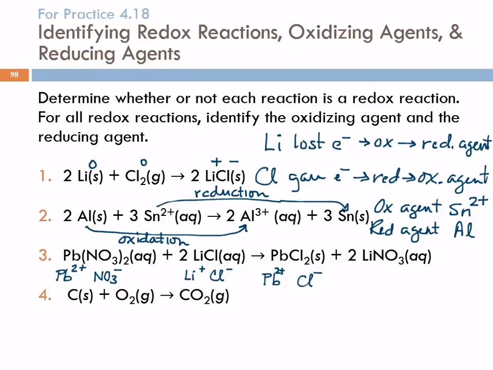And the last one, lithium nitrate? Plus and minus. This is stuff we learned in, I think it was chapter 3. Is anything changing its charge? No. There's no transfer of electrons in this reaction. This is not a redox reaction.